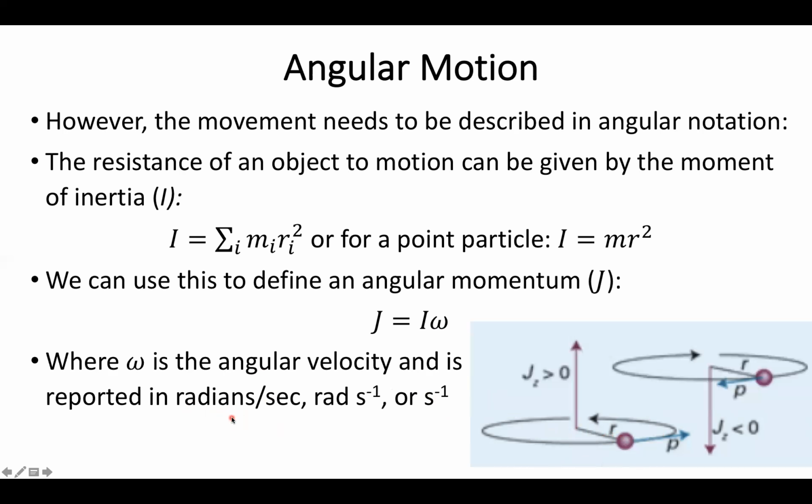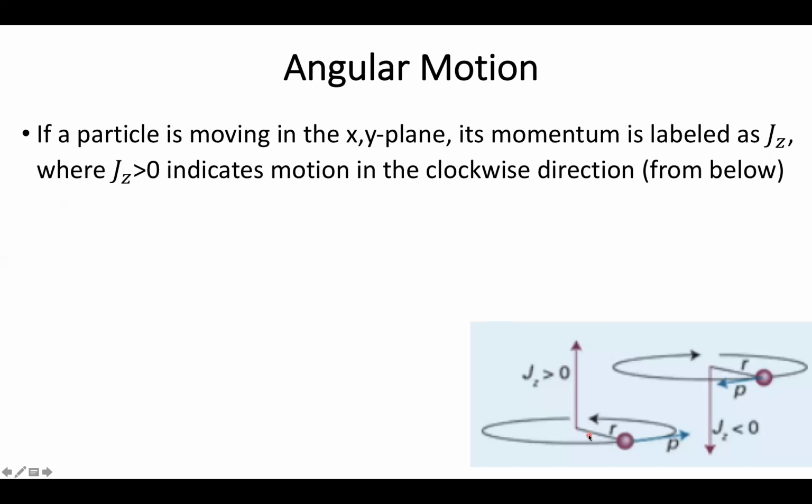However, one of the other things we have to deal with is that, like momentum, angular momentum does have a directional component. So I've got my particle moving in the xy plane, but it turns out I'm going to have a different angular momentum if it's rotating clockwise versus counterclockwise. And so for this, we'd more or less just need a common convention.